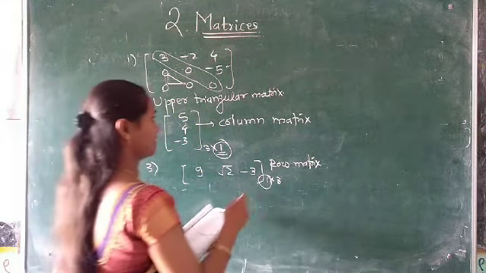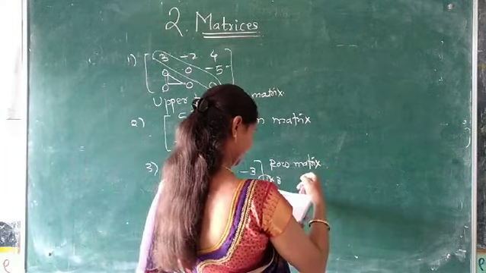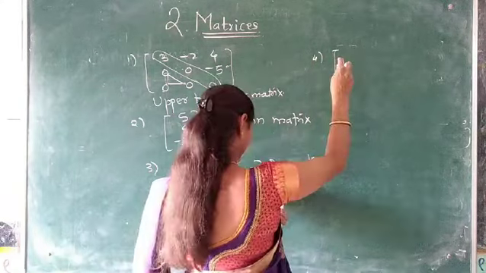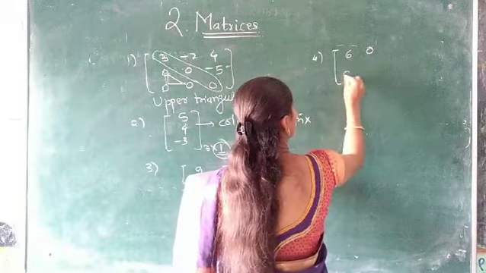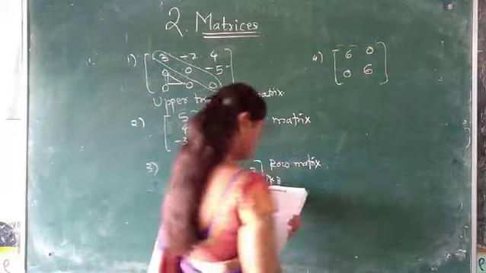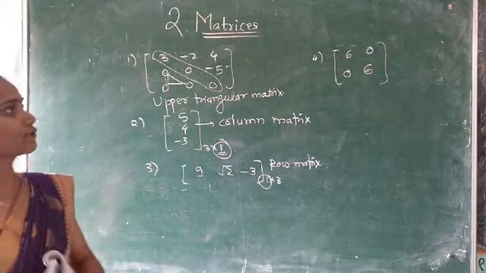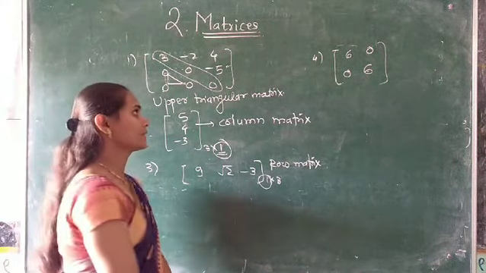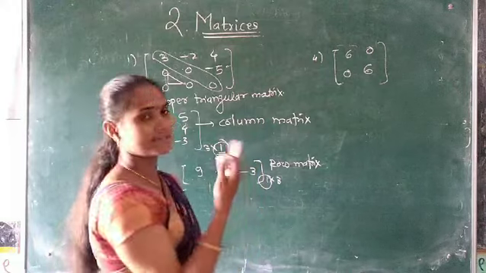Now the fourth example: 6, 0 or 0, 6. It is called a scalar matrix. Also, we say that this matrix is a diagonal matrix.